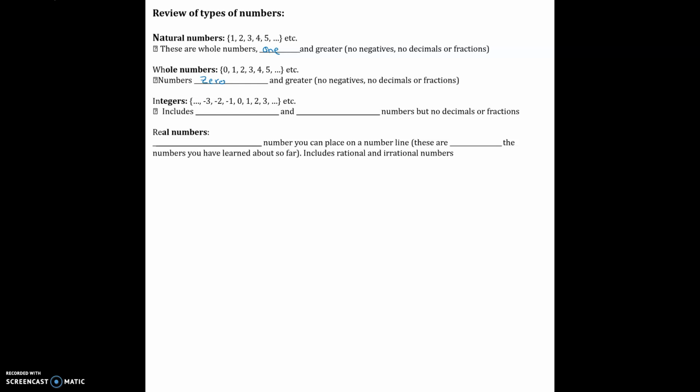Integers includes positives and negatives, but no decimals or fractions. And the real numbers are all numbers you can place on a number line. These are all the numbers you have learned so far. So it includes rational and irrational. So any number that you can think of.